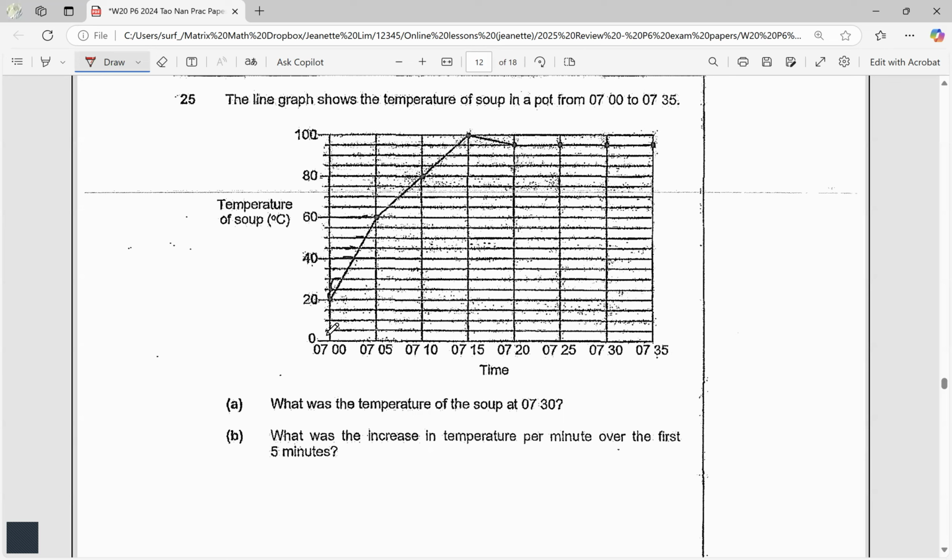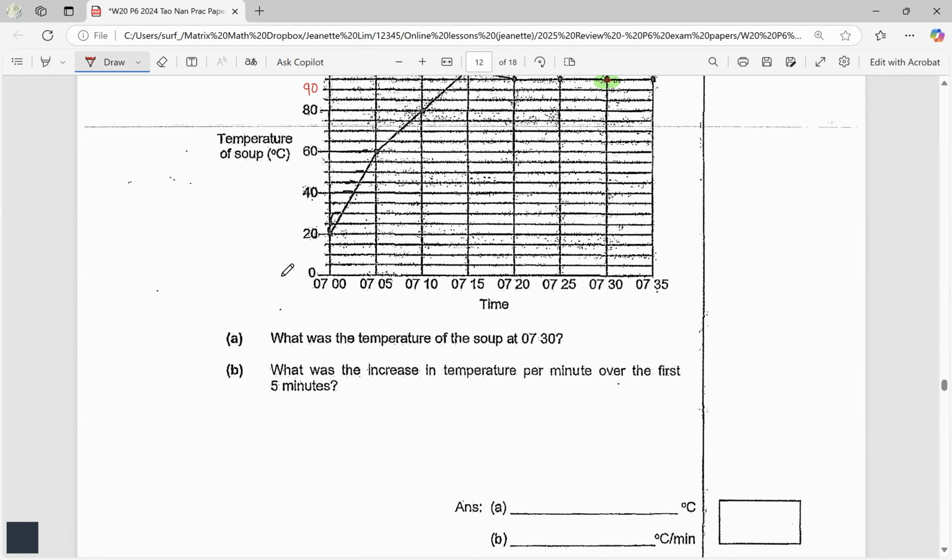So every jump is 5 degrees Celsius. So this has to be 90. And this part here is the time we're looking at, 7:30. That would be 95.